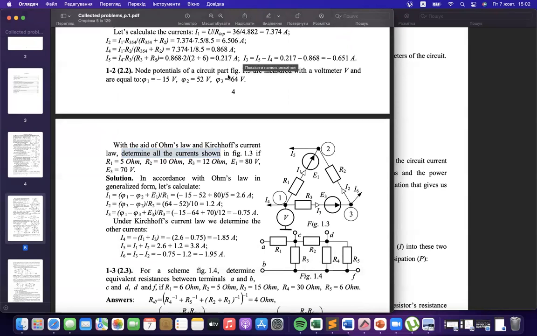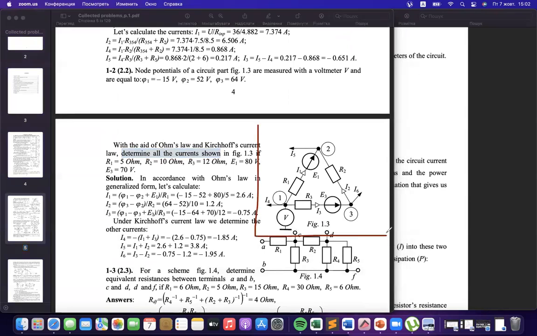What is interesting in this task is that you don't have the view of the whole circuit, because as you see, this current, let me draw it in green, could be connected to any other part of the circuit. You work only with some small part of the general network.